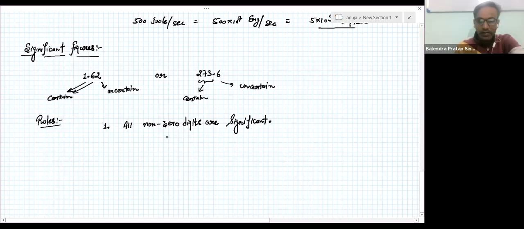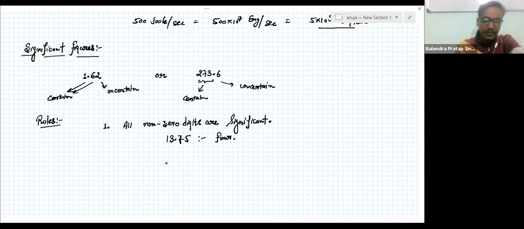For example, I have a number 13.75. How many significant figures does it have? 4. It has 4 significant digits. Rule number one is very easy. All non-zero digits are significant. Every number which is non-zero, you will consider that number.